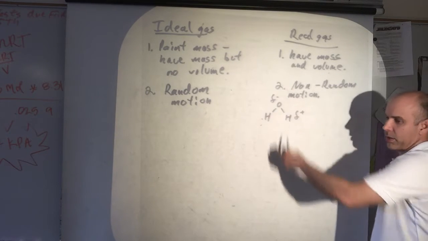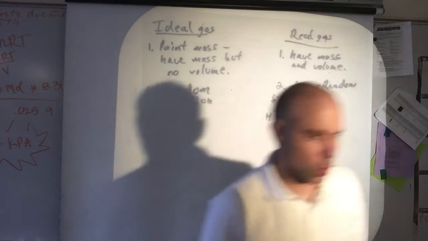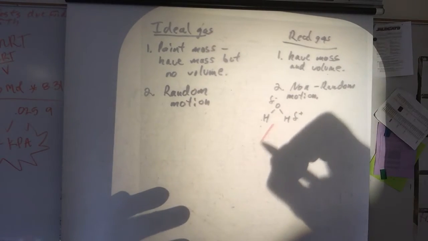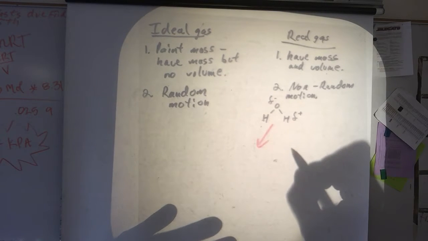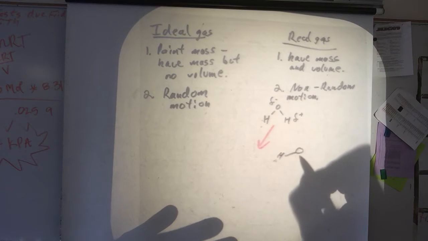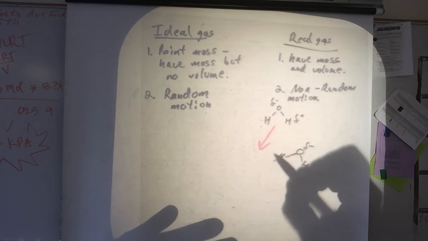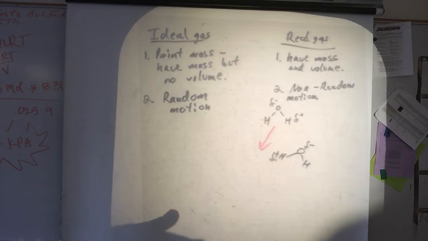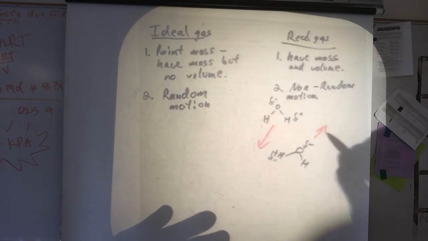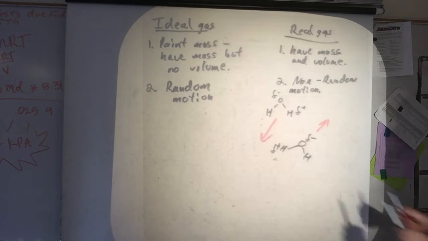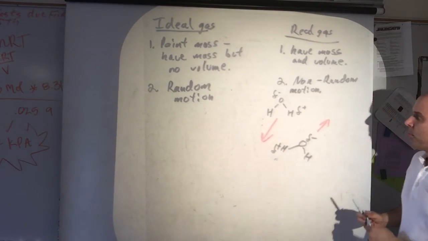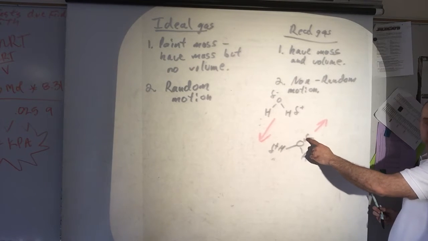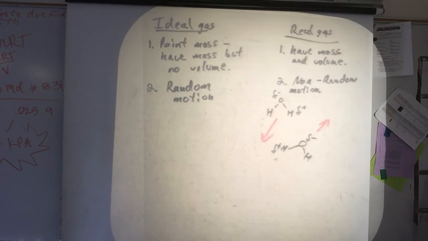Suppose you have one water molecule that's going in this direction, and then another water molecule is going in the opposite direction. We'd like to think that their motion is random, that they would just go by each other like that. But what's going to happen when that partial negative gets close to that partial positive? You're going to attract. There's going to be some slight attraction.